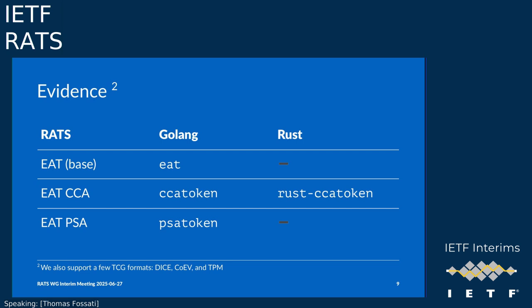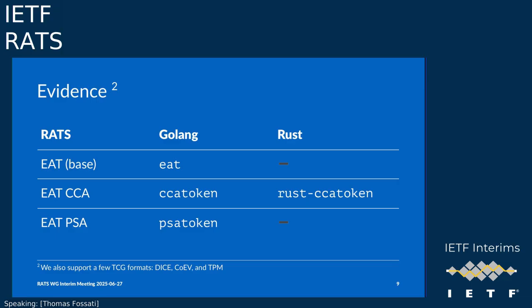Evidence. Yes, we have EAT-based claims. It's a bit behind, but it's got what we needed for our purposes. There's certainly room for improvement there. But we don't have a Rust implementation.